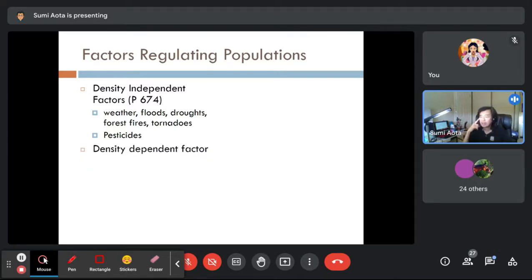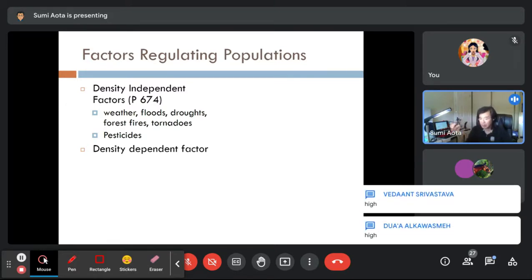The other side of that then is density dependent factor. These are factors where the effect of the factor does change with the size of population. Okay, so if you have a disease that's spreading somewhere, is the disease intensity going to be greater in an area with high population or an area with low population?